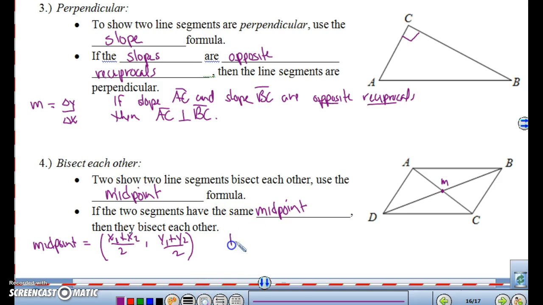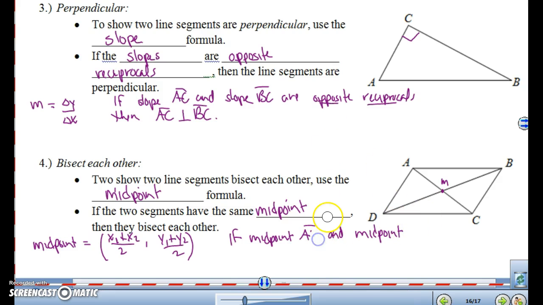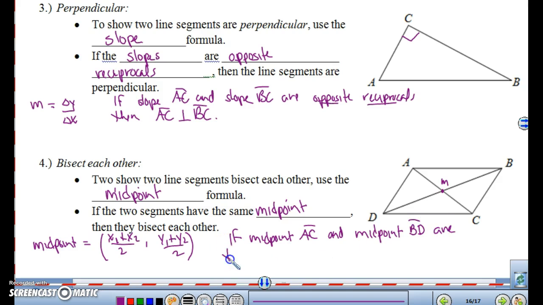And if the midpoint of AC, I'm sorry, that should be AC, not AB, and the midpoint of BD are the same, then AC and BD bisect each other.